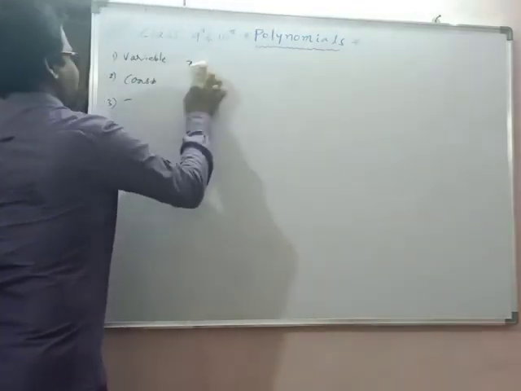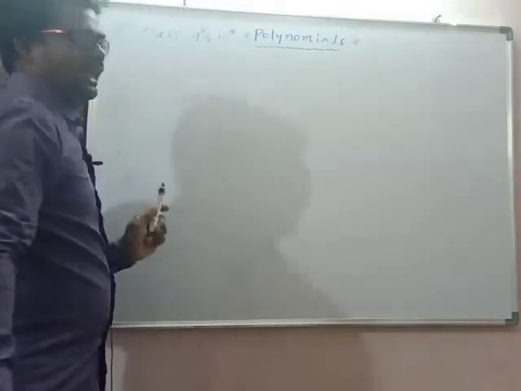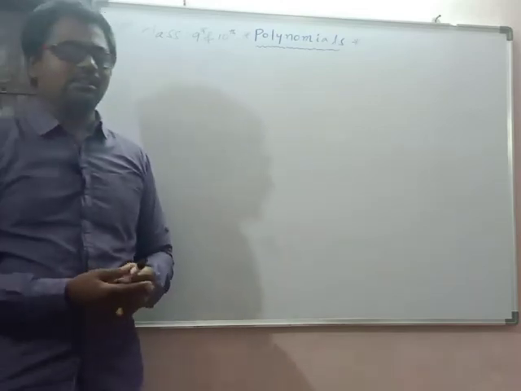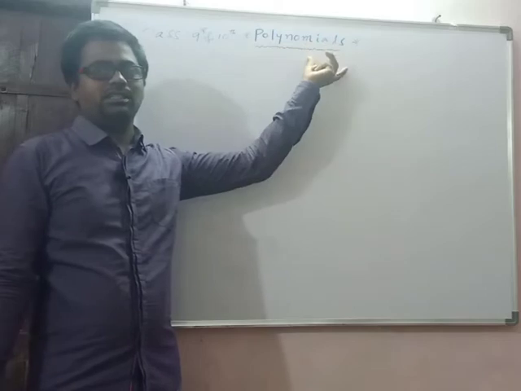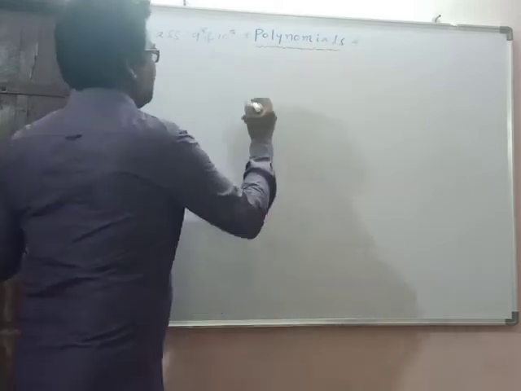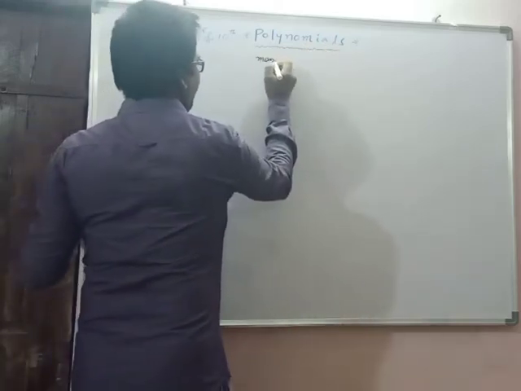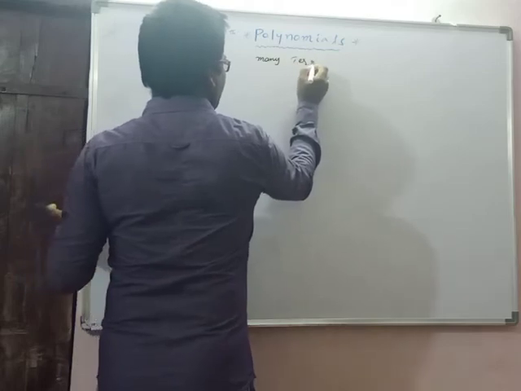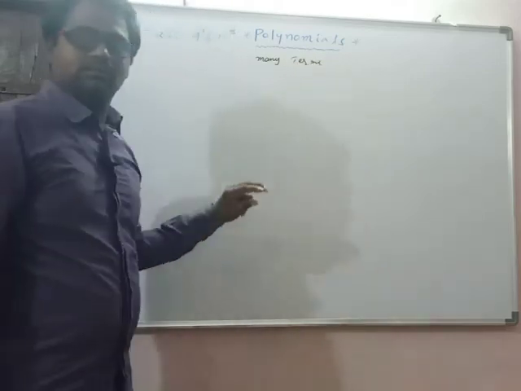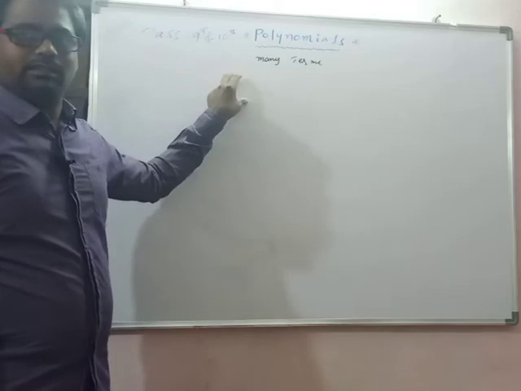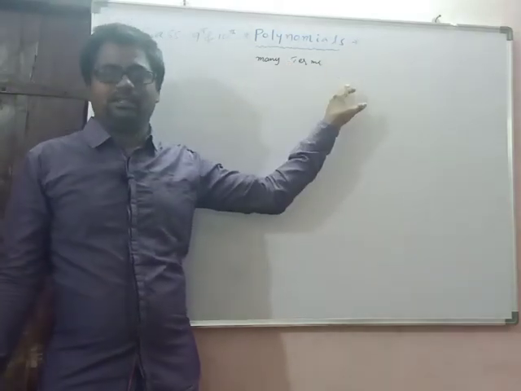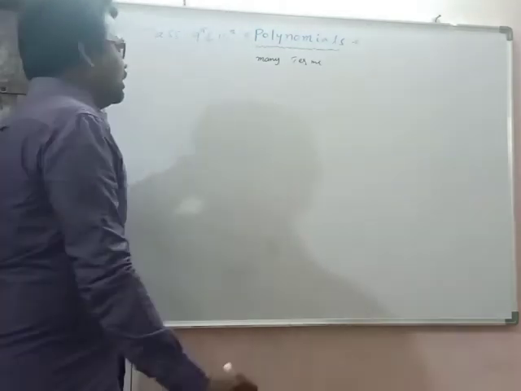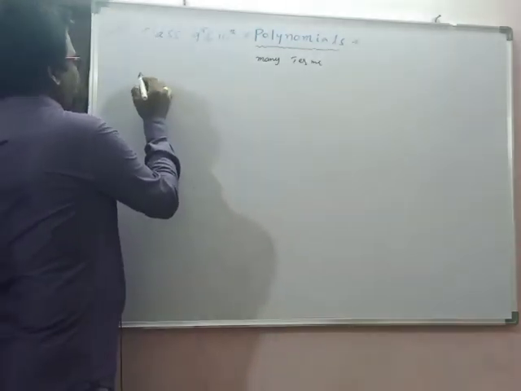Now, what is a polynomial? In the title itself, the meaning is: poly means many, nomials means terms. So polynomial is nothing but many terms. We can divide them into two types based on the degree and based on the terms; we will discuss that. First of all, what is a polynomial?